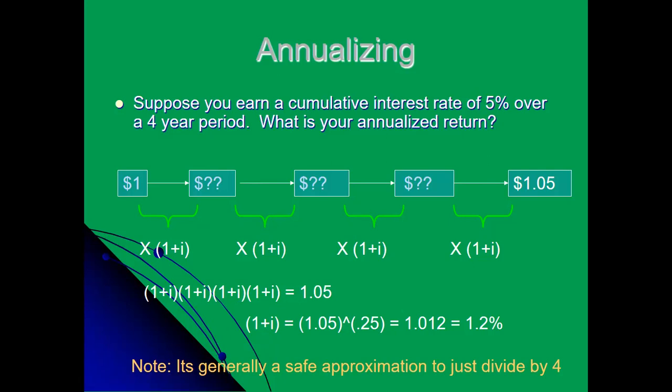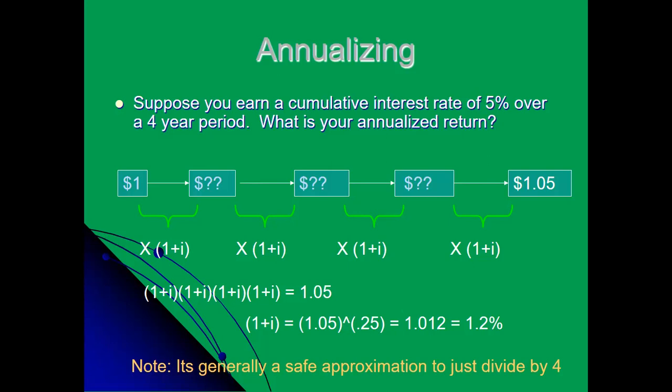So in laws of exponents, if we are going to multiply these items enclosed in parentheses, remember, it's just going to result to the power of 4. So we just have to add the exponents: 1 plus 1 plus 1 plus 1. So (1 plus I) to the power of 4 equals 1.05.